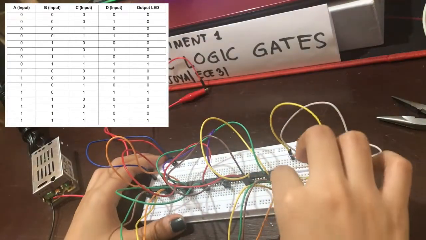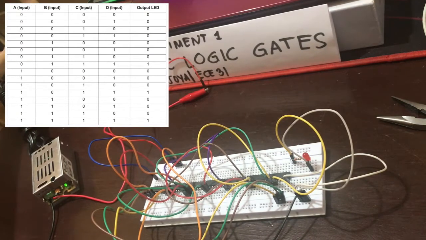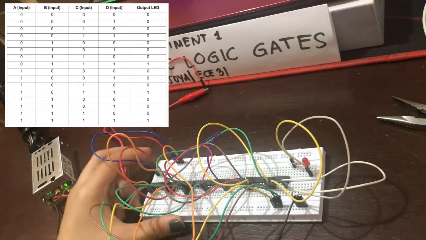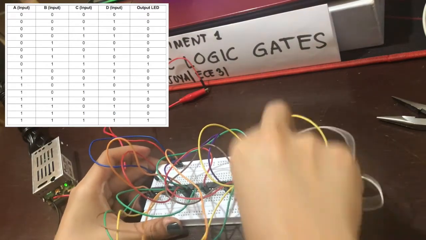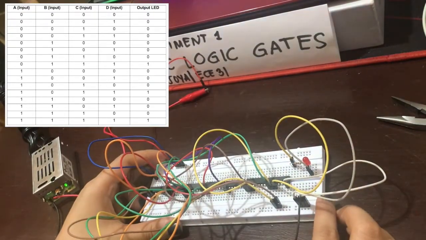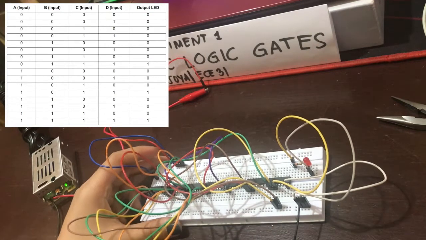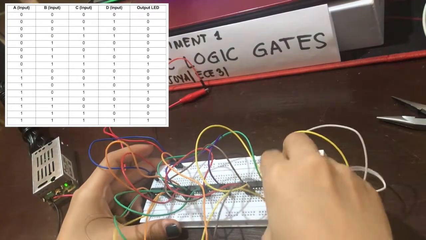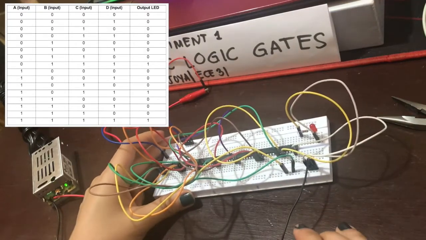When only input A is logic 1, output is 0. When A and D are logic 1, output is still 0. When A and C are logic 1, output is still 0.